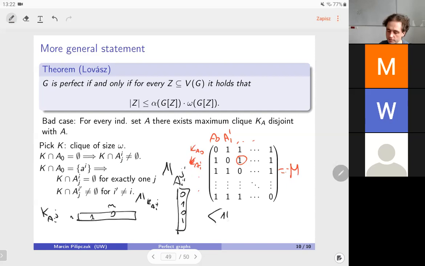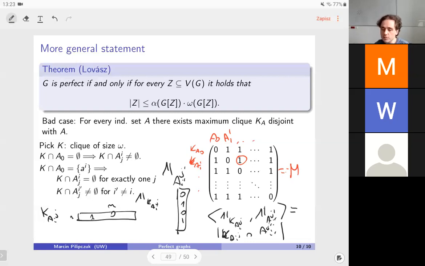The scalar product of these two vectors is just the size of the intersection. Everywhere a vertex appears in both sets, the ones multiply and add 1 to the final scalar product.